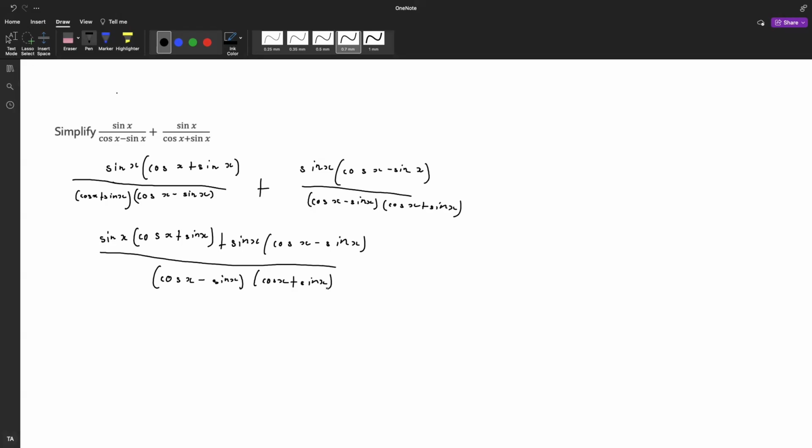Now what we need to do is from this one fraction, now we need to do all our factorizing and simplifying and make this into a nice simple equation. So over here, we have sine x common here. So if we factorize out sine x, then we have cos x plus sine x, and then plus cos x minus sine x, right?